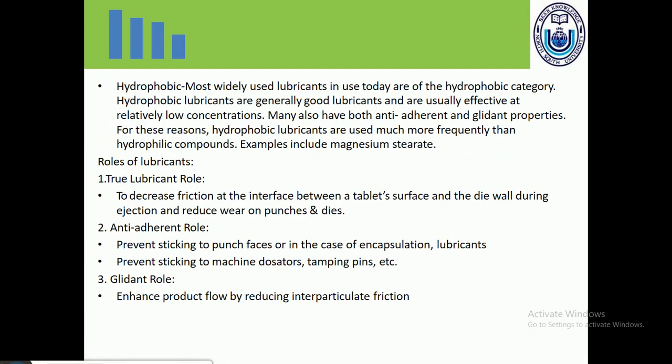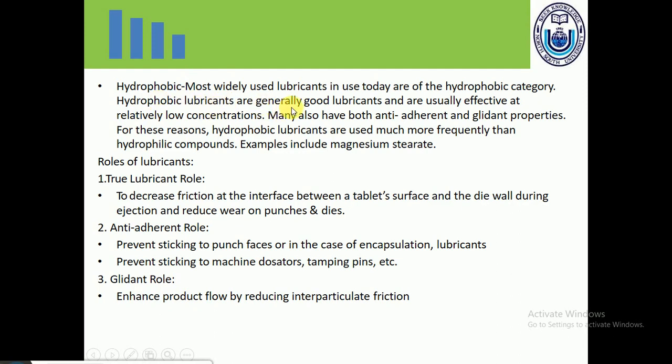The second one is hydrophobic, the most widely used lubricant nowadays in pharmaceutical industries, because they are water hating species. So the suitable lubricant which is used in various formulations must be hydrophobic in nature.